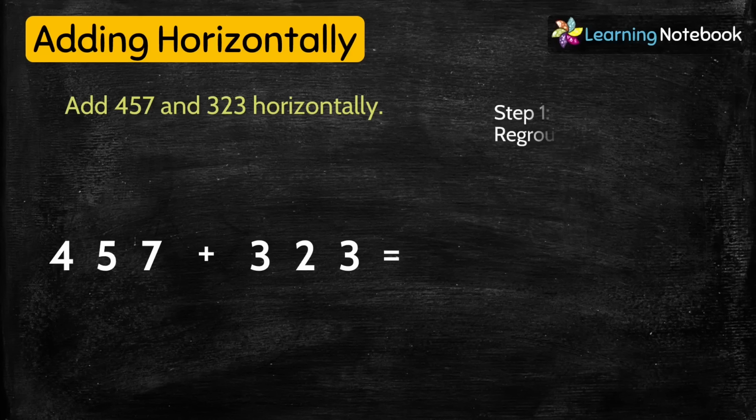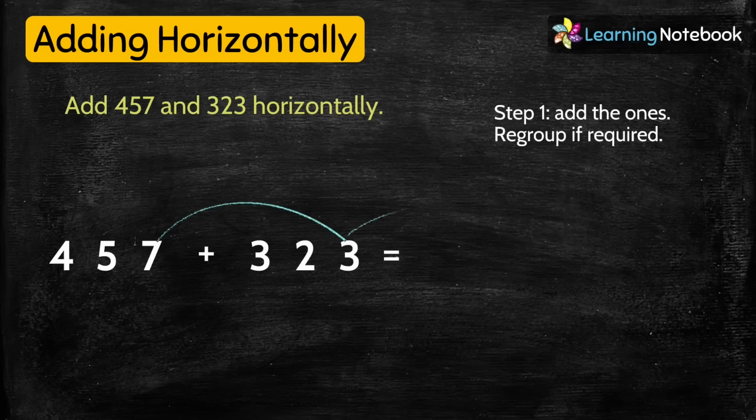Now, we will add the digits at ones place. 7 plus 3 equals 10. Since 10 is a two-digit number, we will carry 1 to the tens place and 0 comes in the answer.